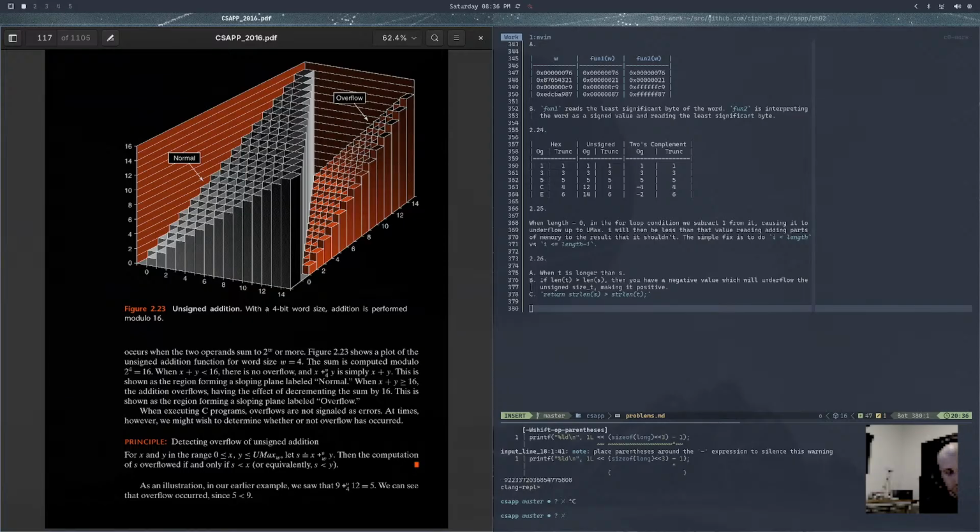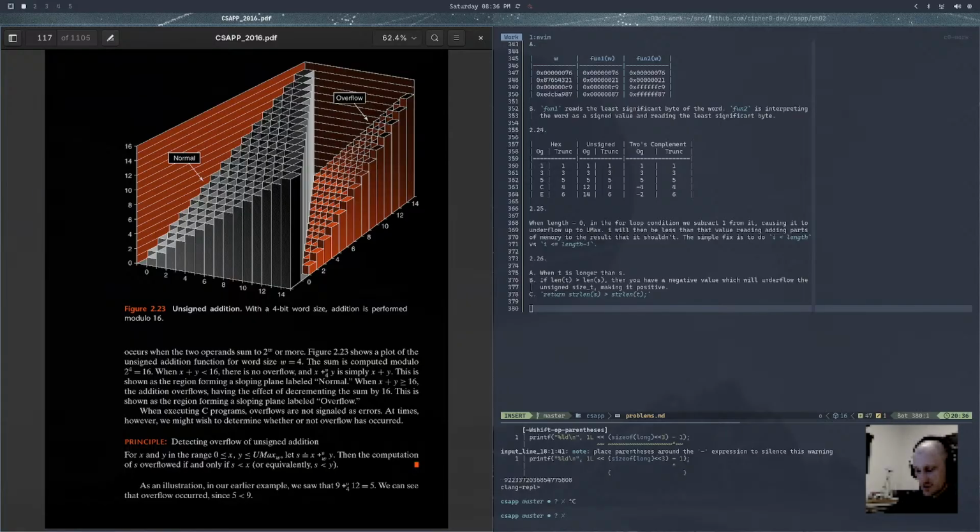Okay. As illustrated in our earlier example, we saw that 9 plus 12 is equal to 5. You could see that overflow had occurred since 5 is less than 9. Okay, now we got a derivation of that. Detecting overflow of unsigned addition: observe that x plus y is greater than or equal to x, and hence if s did not overflow, we will surely have s greater than or equal to x.